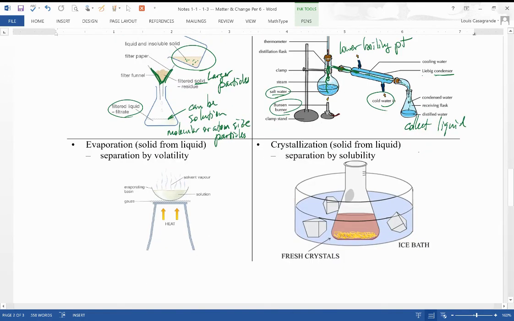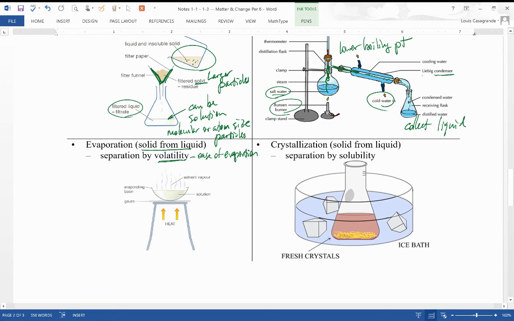Now, suppose we want the solute, we want the salt. In that case, we're going to separate the solid from the liquid using volatility, which is really the ease of evaporation. It also depends on the boiling point, but we usually don't think of salt as having a boiling point because we usually don't see it in a liquid form.